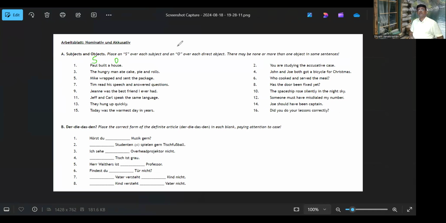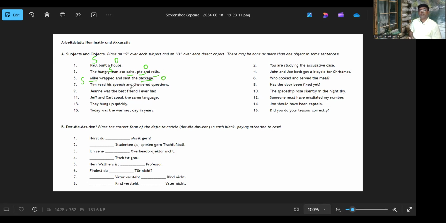The second one: the hungry man ate cake, pie, and rolls. So here the man is the subject, and cake, pie, and rolls are all objects. Mike wrapped and sent the package. So Mike here is the subject, and the package is the object.